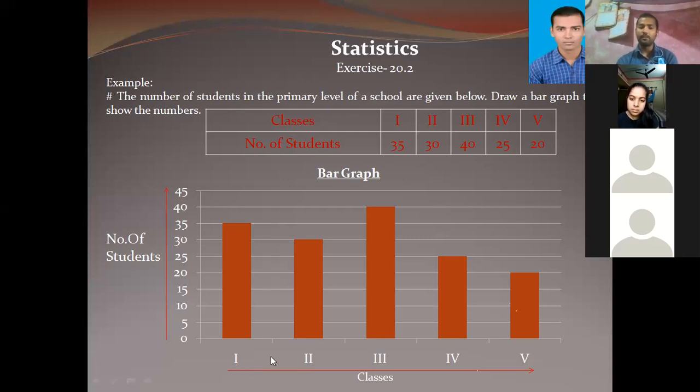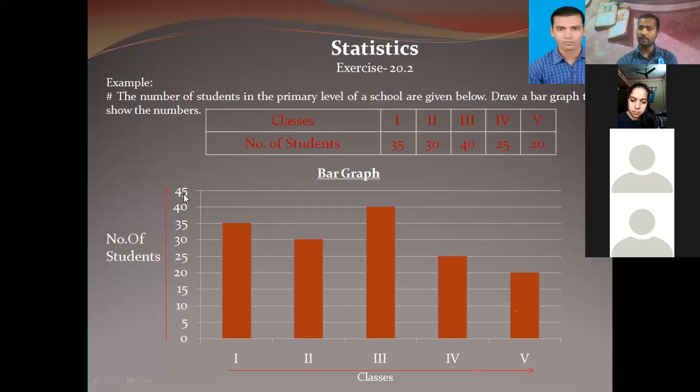That is 1, 2, 3, 4, 5. And what was given in the rule? The difference of the frequencies should be same. So here you can see I have started the differences of the frequencies by 5. So 0, 5, 10, 15, 20, 25, 30, 35, 40, 45.